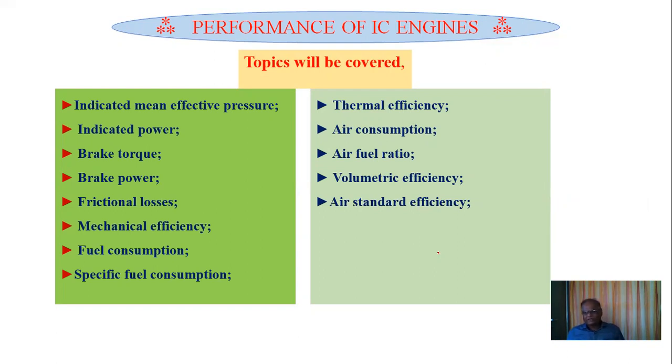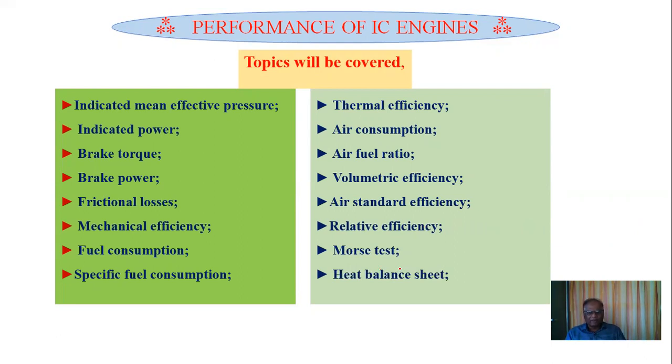And air standard efficiency. The efficiency we obtain through calculation will be compared with the standard efficiency, because the working medium in the air standard cycle is air. That can be exhibited with the help of the relative efficiency. After this, the procedure to calculate the indicated power of a multi-cylinder engine is the Morse test.